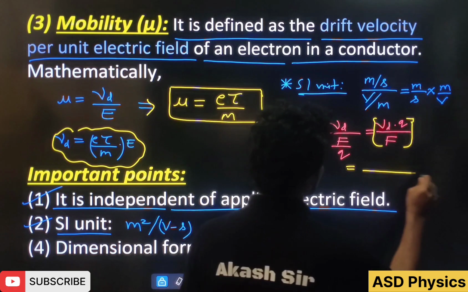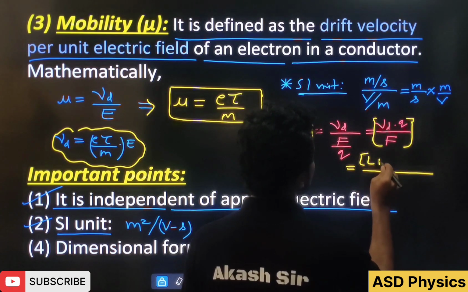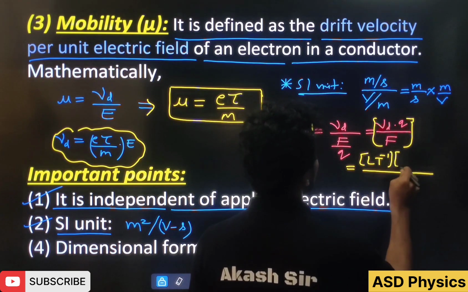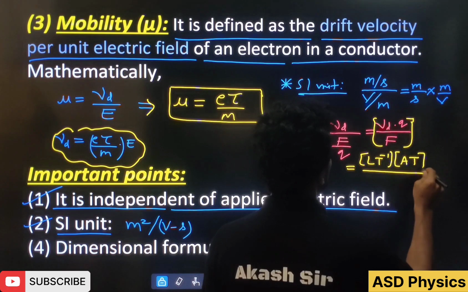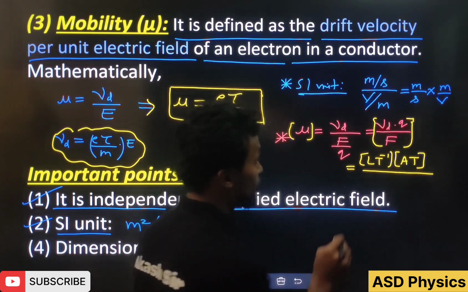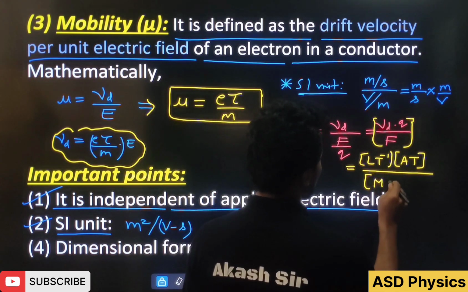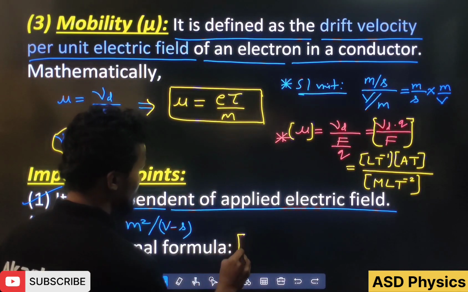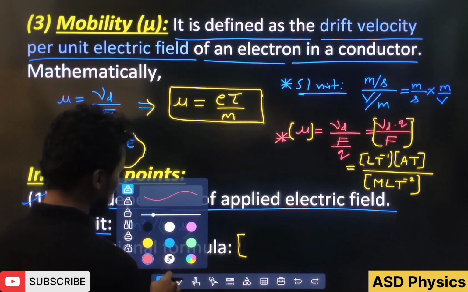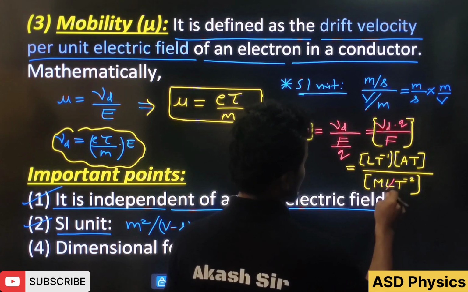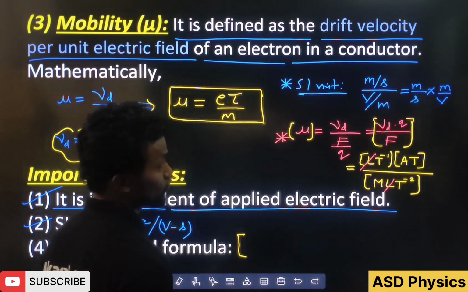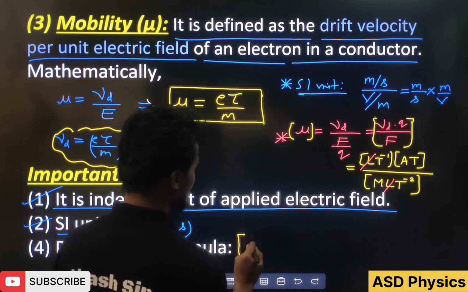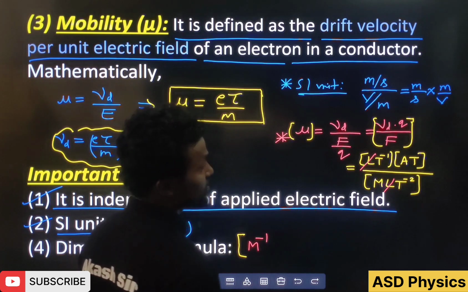Vd means velocity, L t minus 1; charge Q means A t; and force is given by m L t power minus 2. When we simplify this, first this L and this L will cancel out. So m will go up, that means m power minus 1.